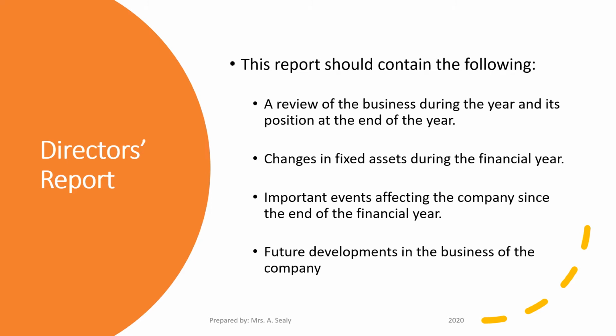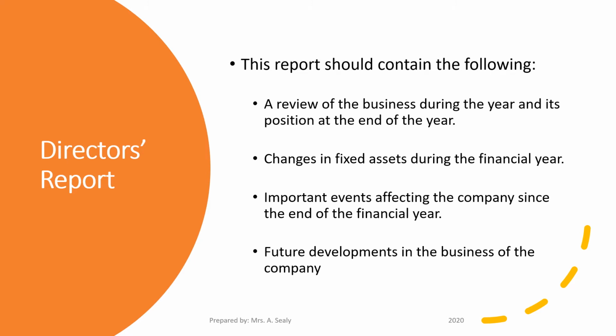The directors usually prepare a report when the financial statements are being published, and the report accompanies the financial statements. And this report will contain a review of the business during the year and its position at the end of the year.